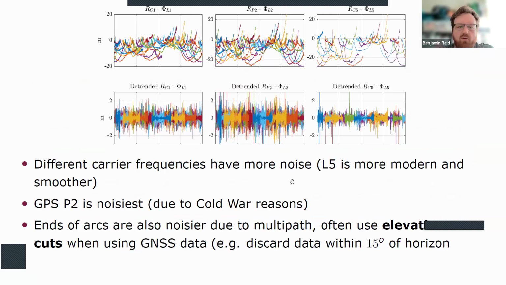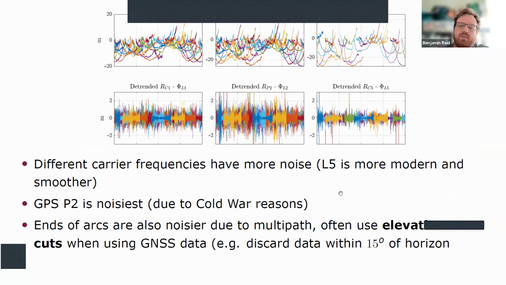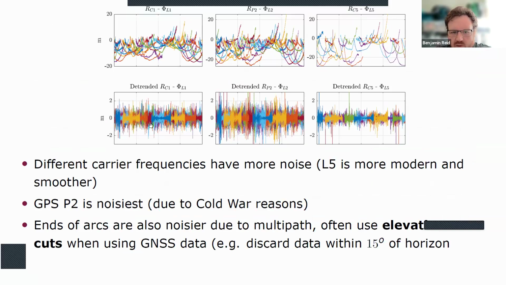We won't worry about this too much, but this is just showing that the different signals have different amounts of noise, right? So you can see L5 for GPS is the least noisy, L1 is kind of in the middle, and L2 is quite noisy. And you can see in individual arcs, it's very noisy at the edges, and then it gets smoother right here.